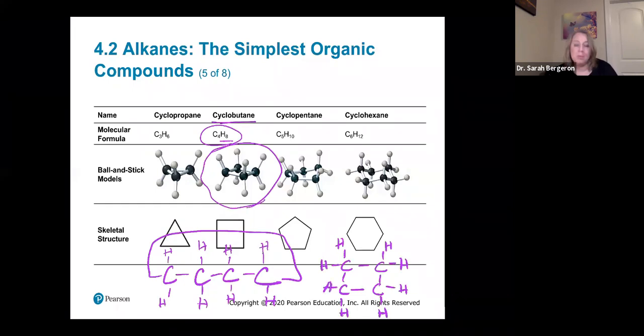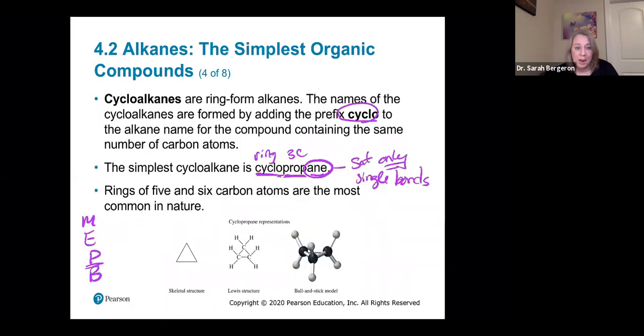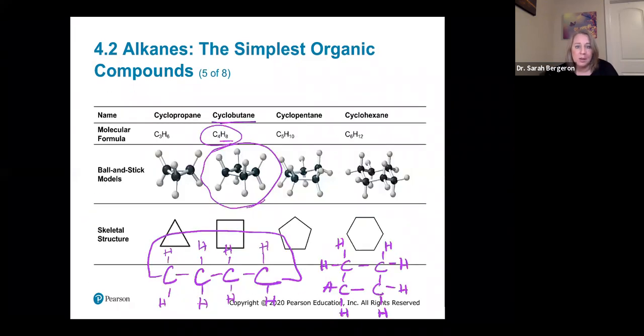What you notice when you draw your cycloalkanes is that they are going to have 2 hydrogens for every carbon. So if we want to pick a formula, here's my carbon.